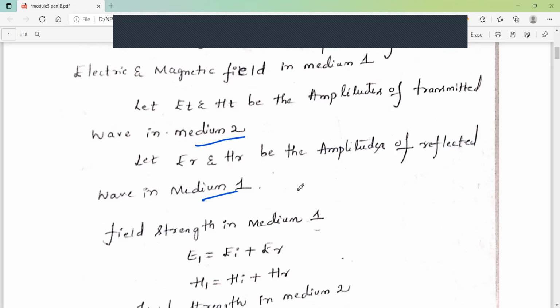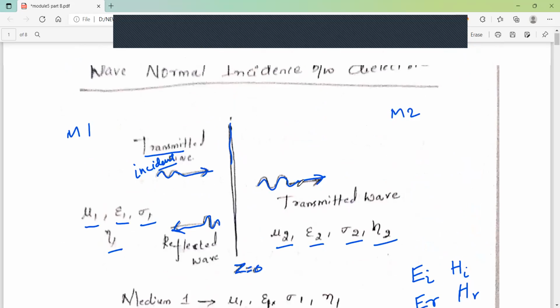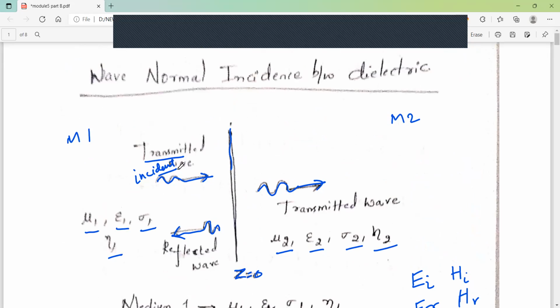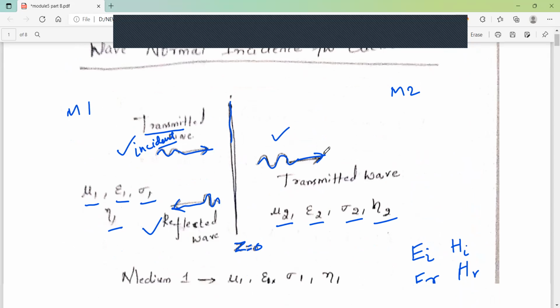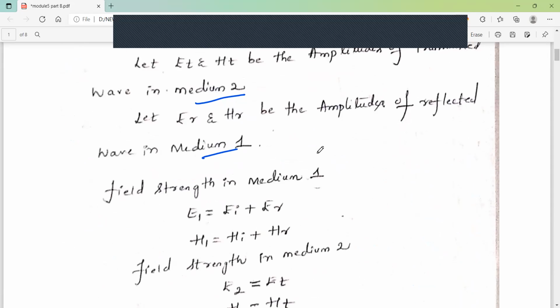Okay. So now pay attention to this one. Over here, you can see medium 1 is having both incident as well as reflected wave, but medium 2 is only having the transmitted wave. So we are writing over here E1, that is electric field in medium 1, is the summation of incident electric field and reflected electric field.